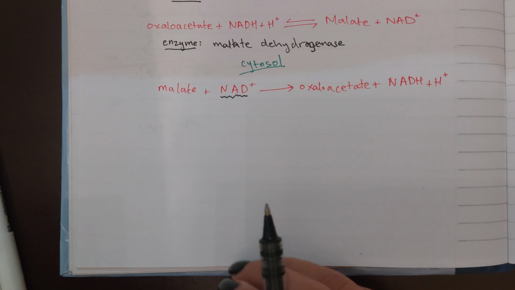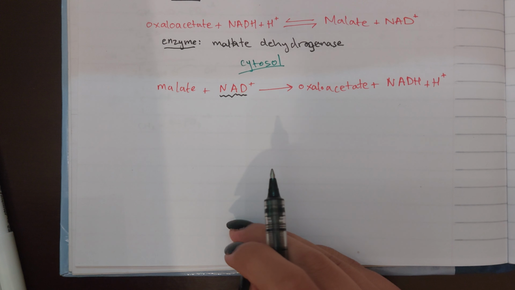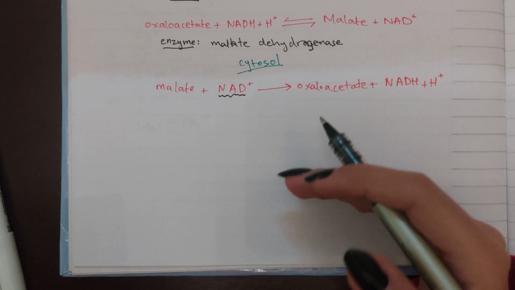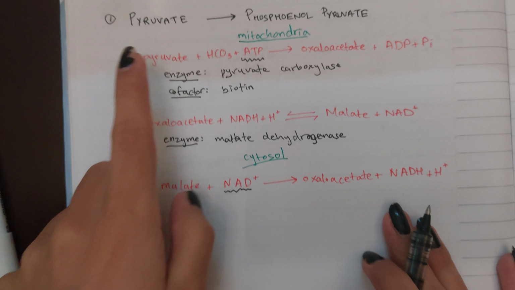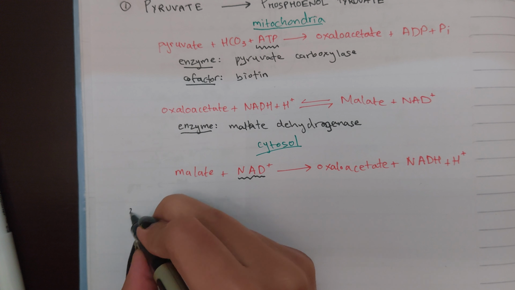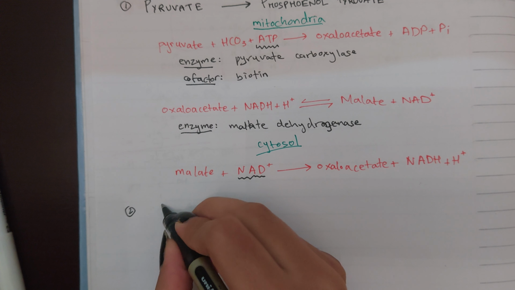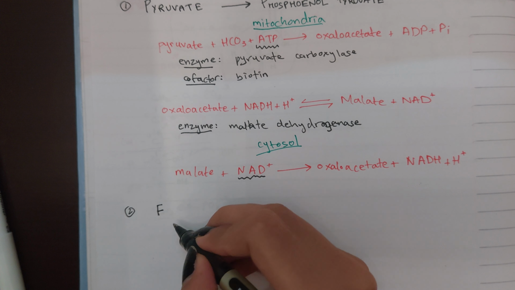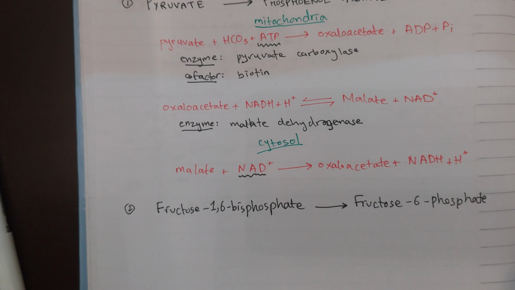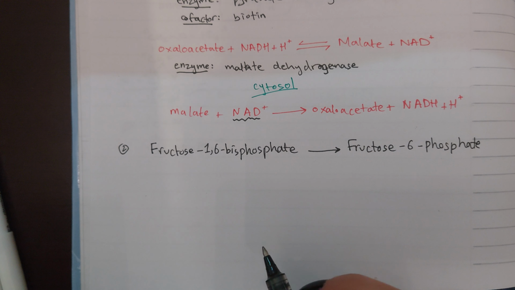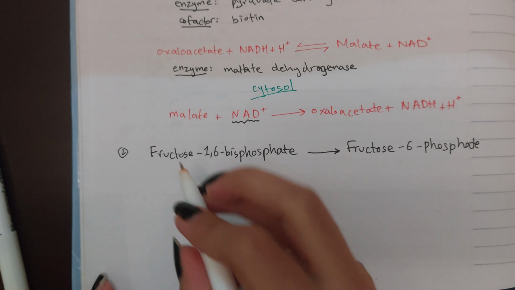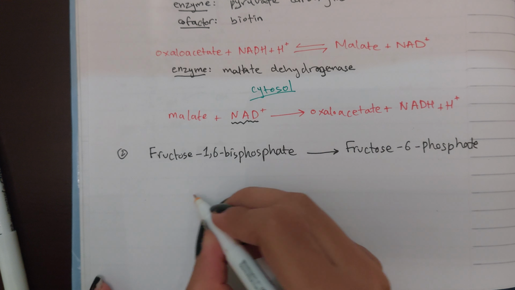So as we talked about, in the glycolysis there are 3 steps that are different from the steps involved in gluconeogenesis. The first one was the conversion of pyruvate into phosphoenol pyruvate, and the second one is going to be fructose 1,6 bisphosphate into fructose 6 phosphate. So this step is fairly easy and pretty straightforward. I'll be writing the short forms because it takes a lot of time to write.